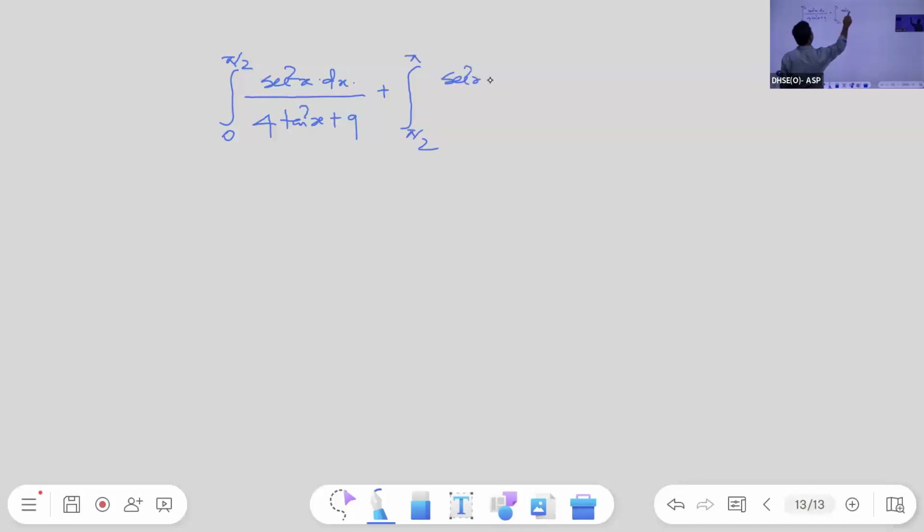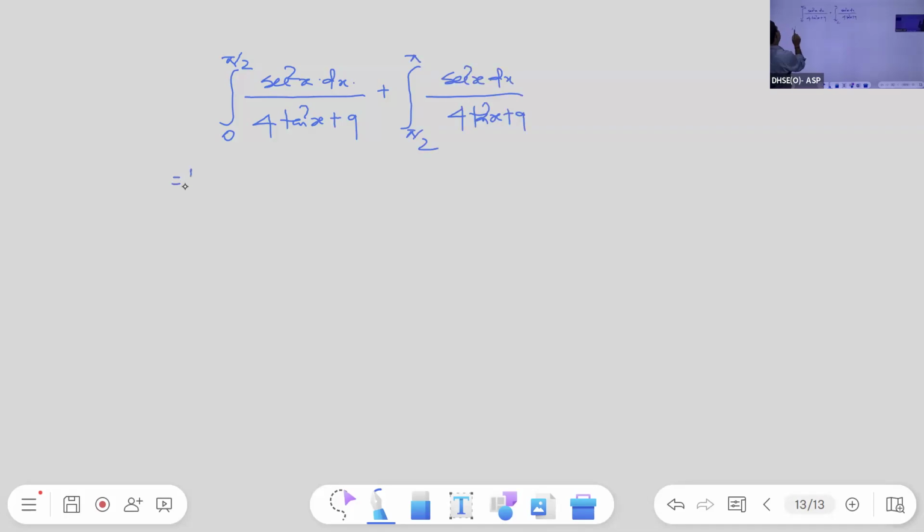Zero to pi over 2 secant square x dx upon 4 tan square x plus 9, plus integral pi over 2 to pi secant square x dx upon 4 tan square x plus 9.